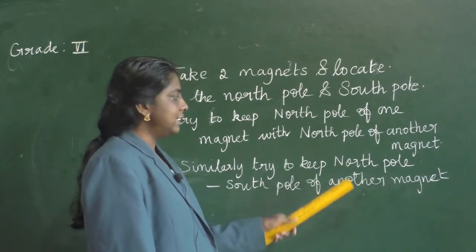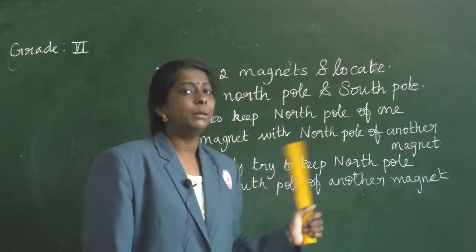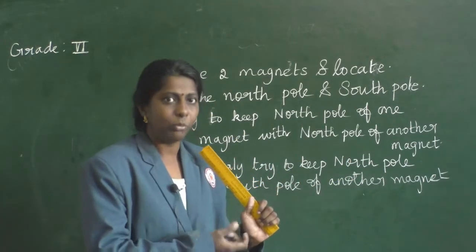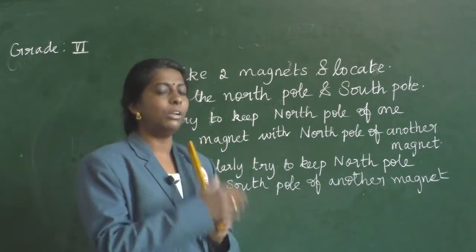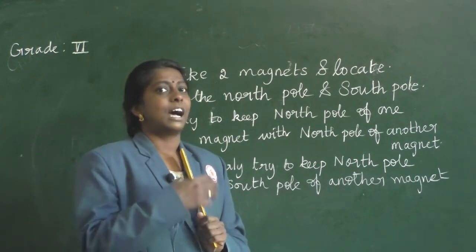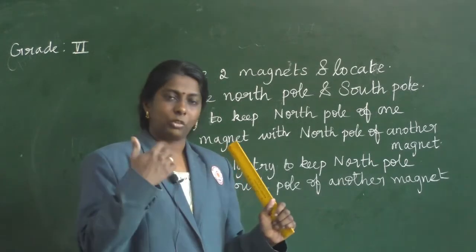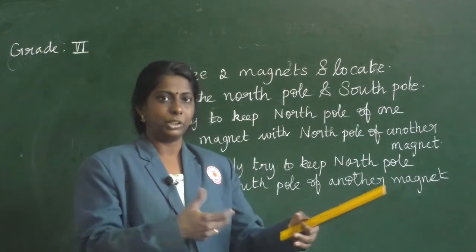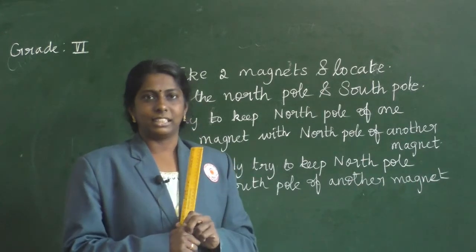Now, you will understand that like poles repel each other, that is north to north or south to south, and unlike poles attract each other, like north to south or south to north.